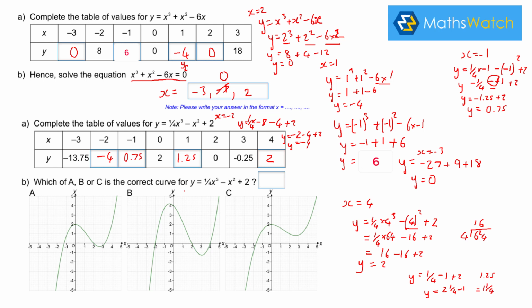So it says, which of A, B or C is the correct curve for y, well, what we've just substituted? Well, you've got these values here, so you just try to match it up. That's the easiest way. You've got 0, 2 here. That matches. Well, 0, 2 is here, so it cannot be that graph. Okay? You've got 0, 2. That's perfect. Let's choose another point.